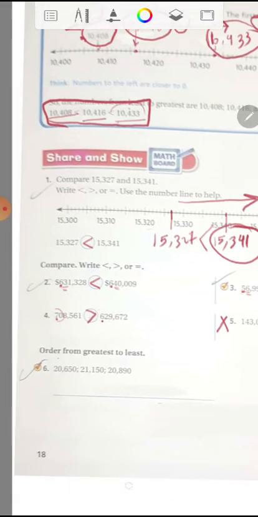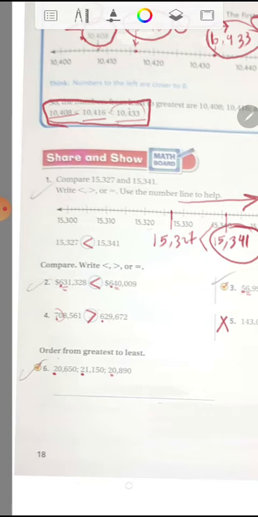Now the last one, order from greatest to least, from the greatest number to the least number. If you want to order, first you have to compare the numbers starting from the largest digit. So I will start from the largest digit, this one and this one. They are equal, 2, 2, 2. So I will move to the next one.